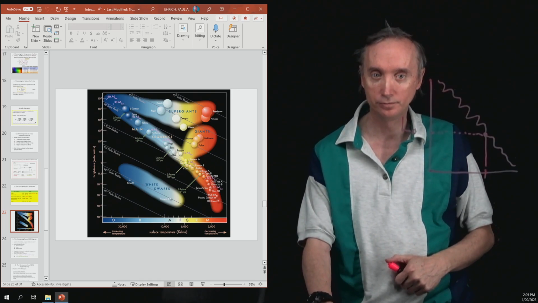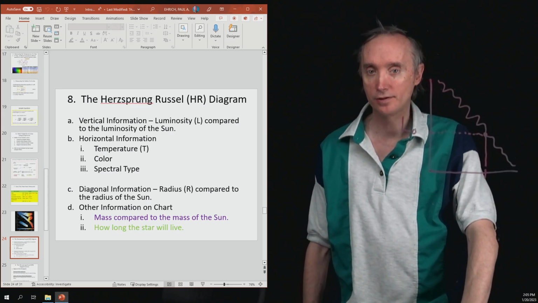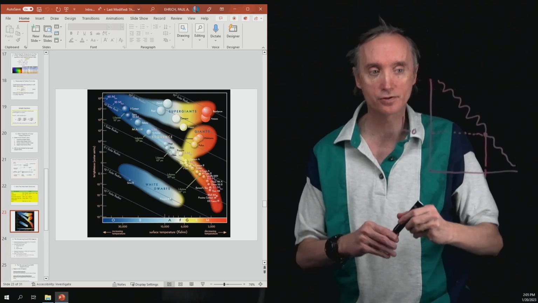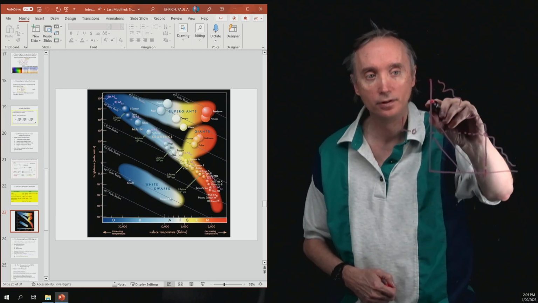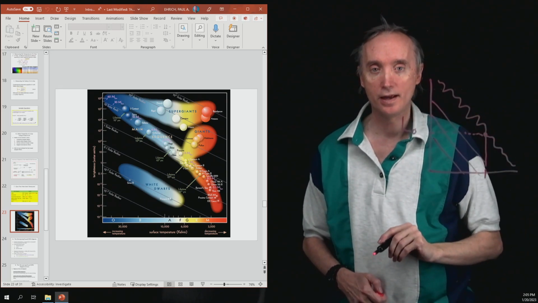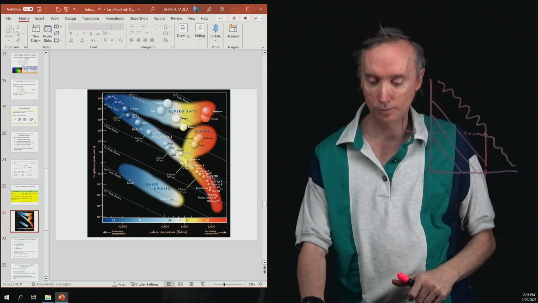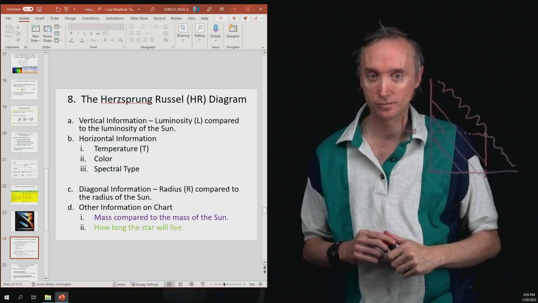Okay, let's keep going. The next thing is diagonal information. If you notice very carefully in that picture, there are some diagonal lines, and those diagonal lines represent the different radiuses.